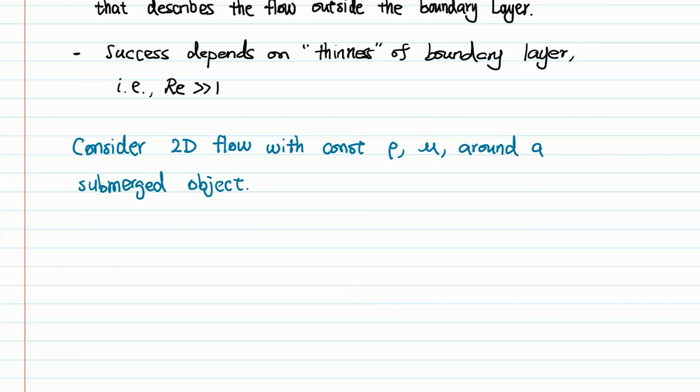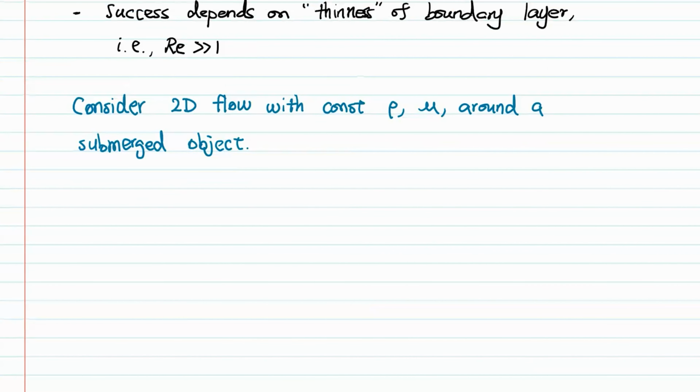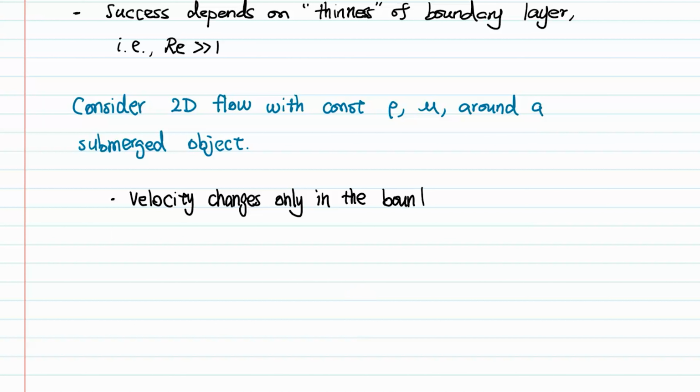Okay, and from our previous description, we know that the velocity changes only in the boundary layer, where curvature effects are not important.